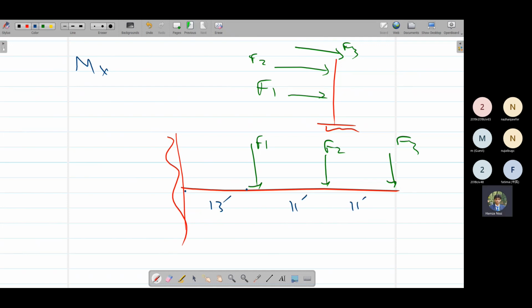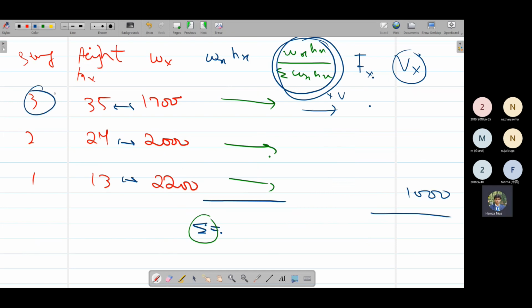So for the first moment we have 0 here. We do not have any moment here. For the second moment we have F3 times 11. Whatever the value of F3 is, if you multiply it by 11, this is F3 at story 3.